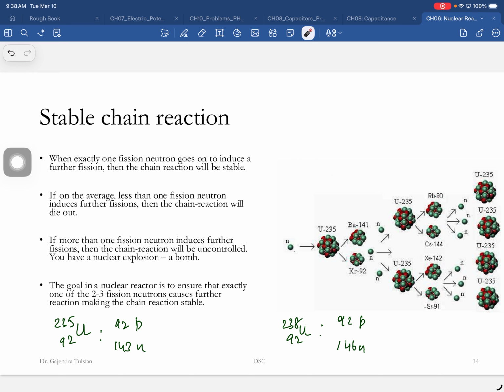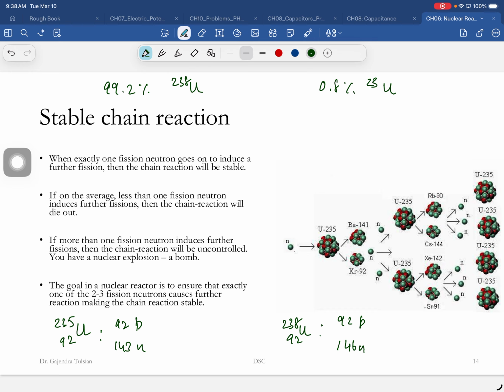Now, in naturally occurring uranium, 99.2% is uranium-238. Only about 0.8% is uranium-235. You went on the tour, right? To make fuel in a nuclear reactor, you have to enrich it.